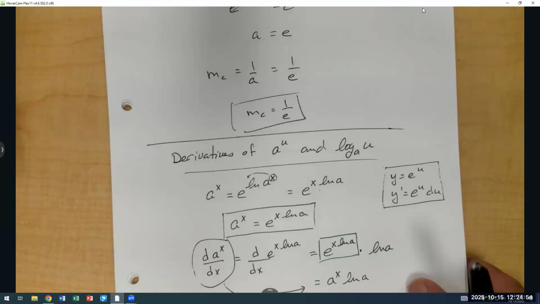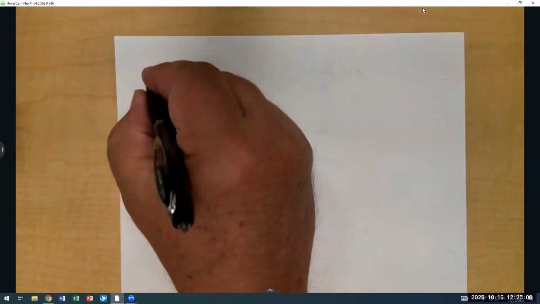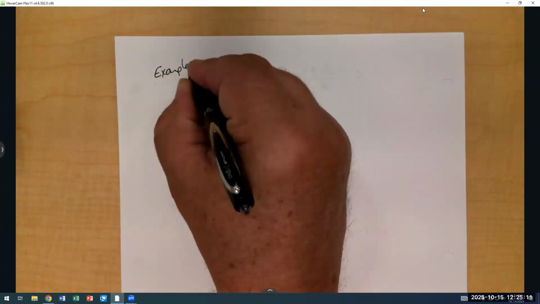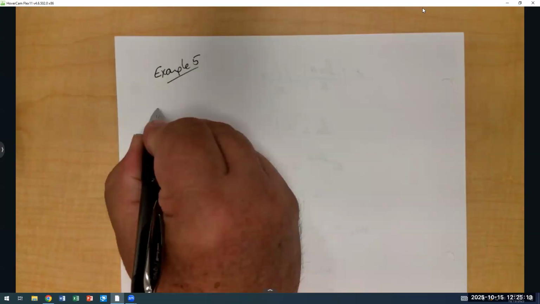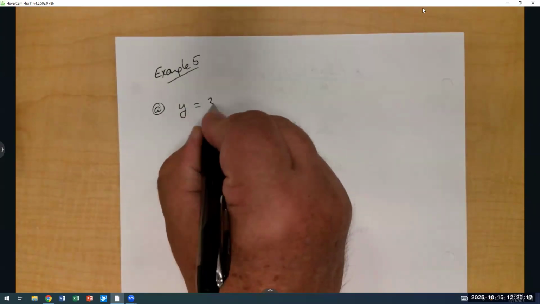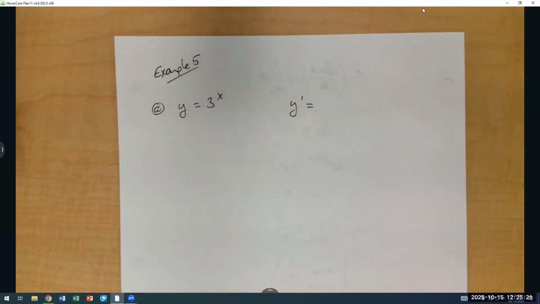Let's take an example here. If y is equal to 3^x, what's the first derivative?